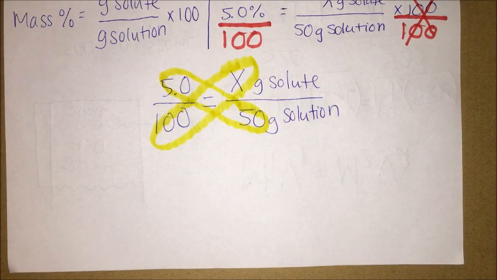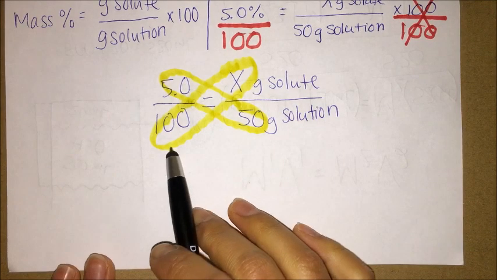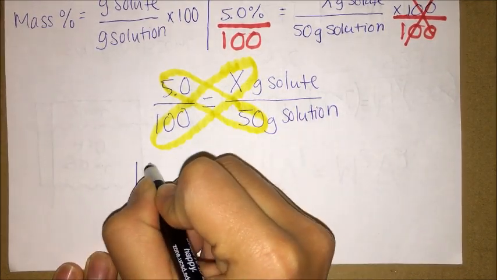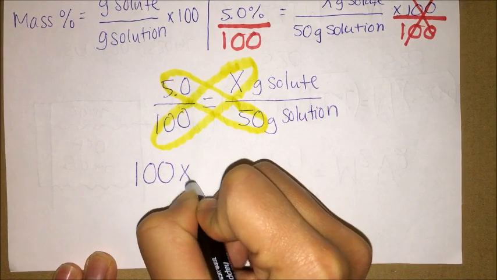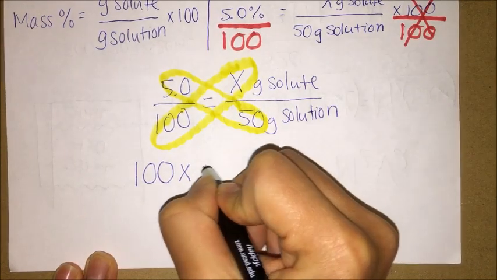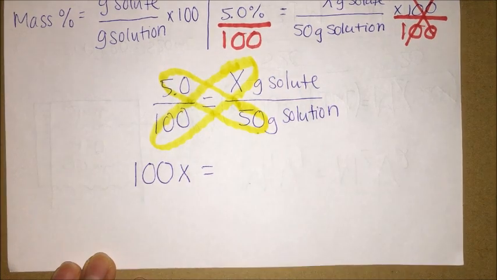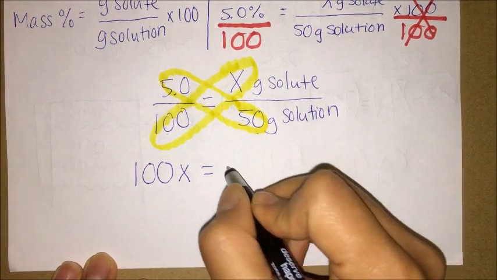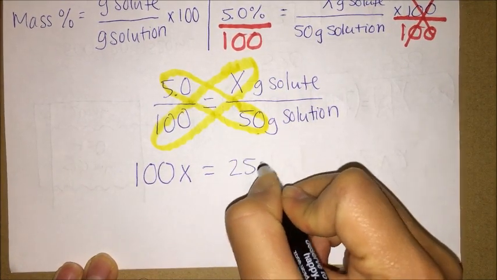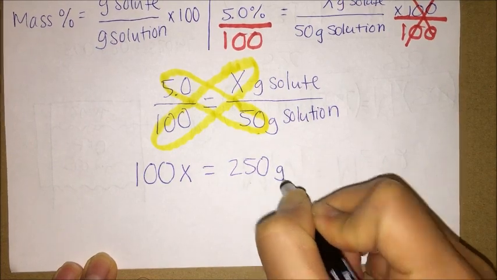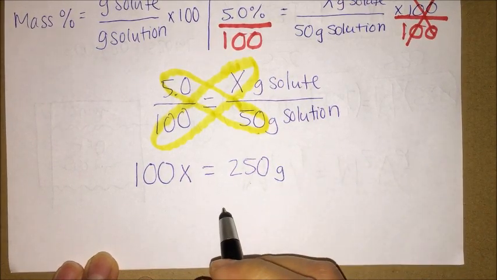So what you'll get is 100 times X is 100X. That is equal to 5 times 50, which is 250 grams.